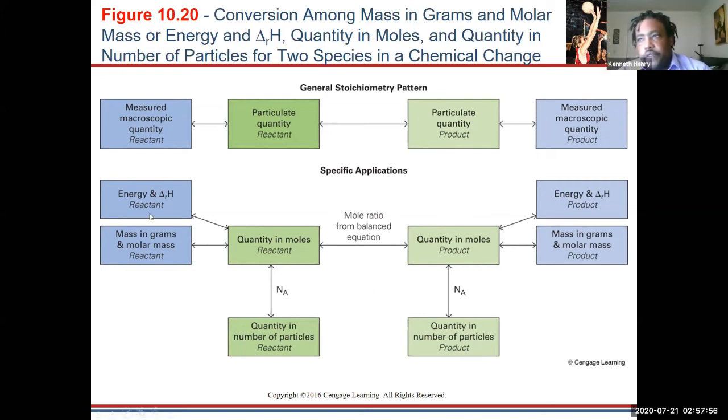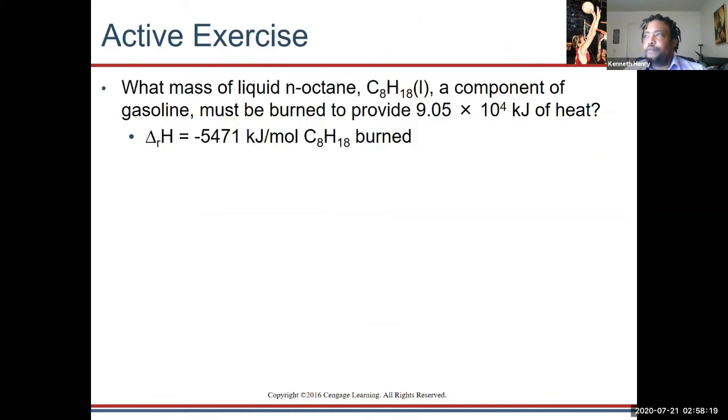We can use the amount of energy being produced, or the change in enthalpy for the reaction, to figure out the number of moles, and then use that to figure out the number of grams by using the molar mass. Do you guys see how it feeds into it?